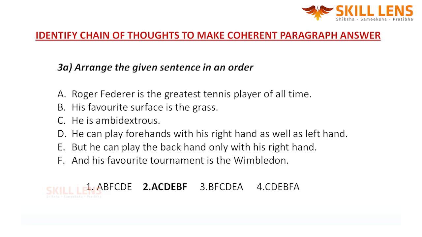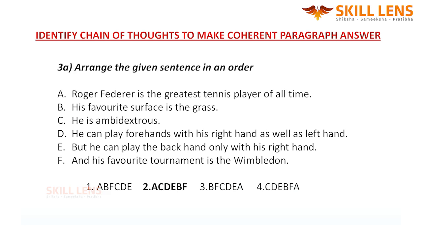The next in the sequence will be sentence D. It is actually explaining sentence C. Sentence C says, what is the quality about Roger Federer? So from general, we are getting into specific. Ambidextrous is a word that is explained in sentence D. Ambi is a word that means two.